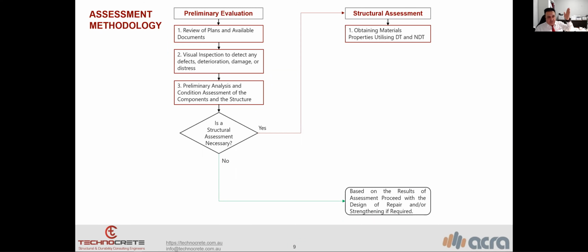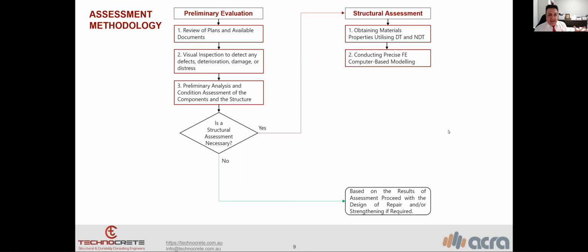That's why, for achieving the structural condition of the structure, we have to obtain the material properties of all materials and components through the site inspection and some testing. Some of them are non-destructive testing, and maybe destructive testing will be involved as well.